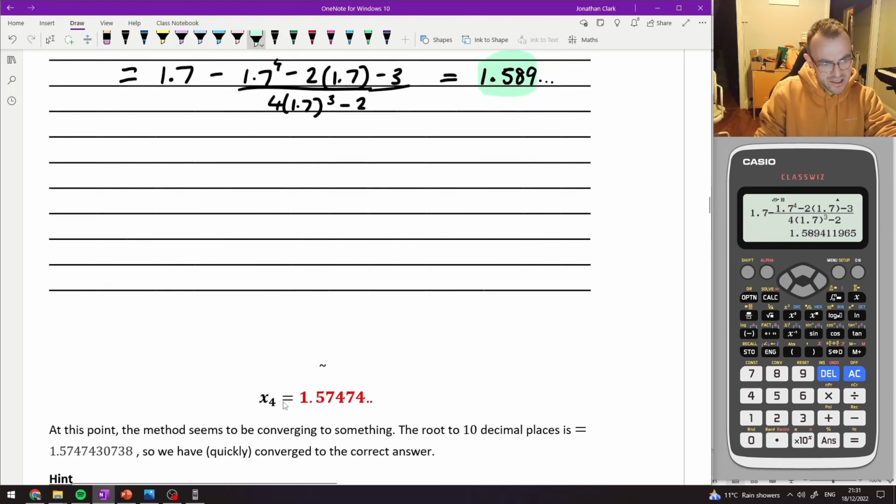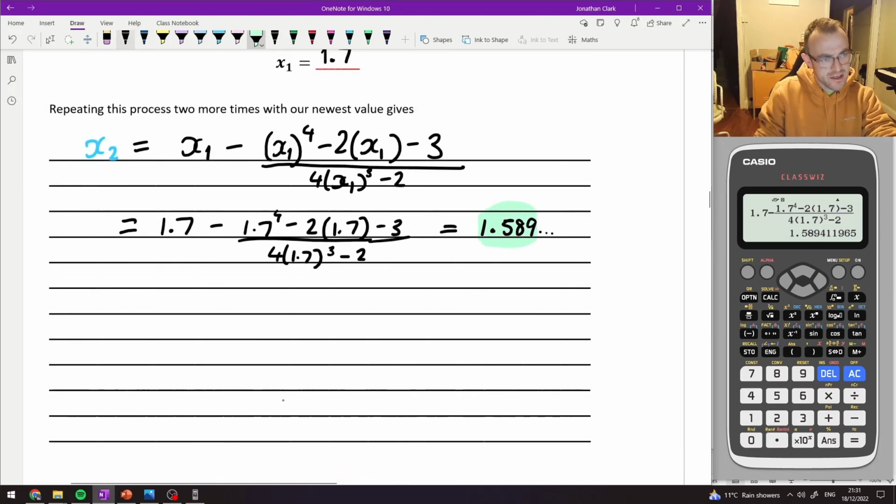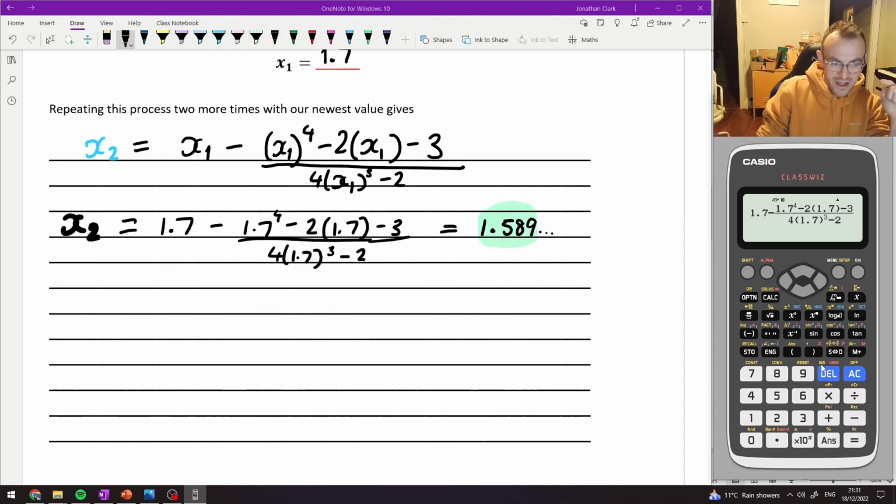I think we get up to x4, so that means that we need to run it twice more, since this is the second value. Something that we can do to make it a little bit easier is use the answer button on the calculator. Because the calculator in its memory has 1.589 as its last answer, I can type in answer in place here, and it's going to do the hard work for me.